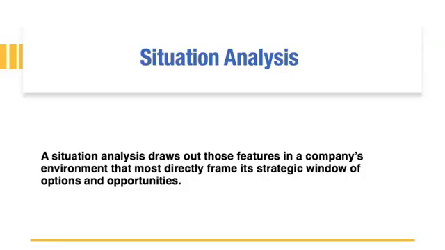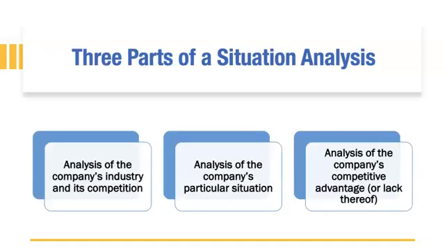So, situational analysis, obviously, it's those in the company environment, it draws out the strategic window and options and opportunities. So, we take a look at our situation and we analyze what is the best route to take, where we are now, and where do we need to go. So, there's 3 parts to this.